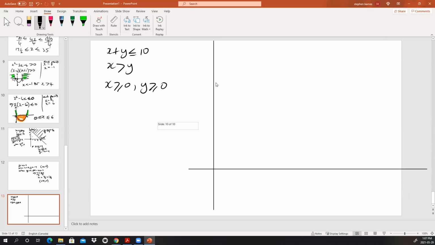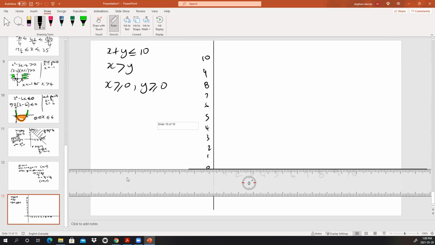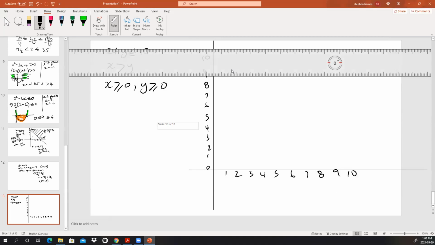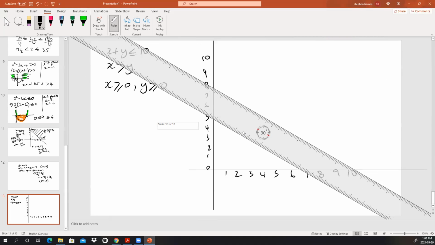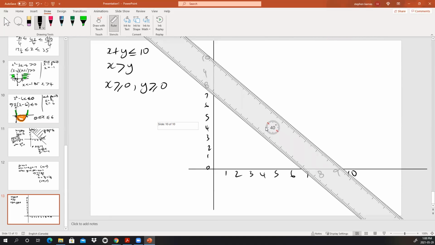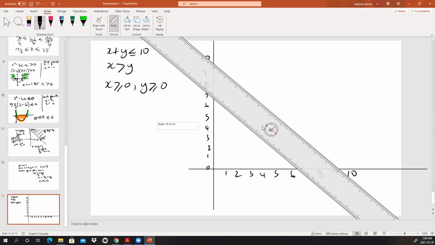So from before, let me say 0, 1, 2, 3, 4, 5, 6, 7, 8, 9, 10, and 1, 2. Lovely. So already we can do X plus Y is less than 10, which would be this line here.